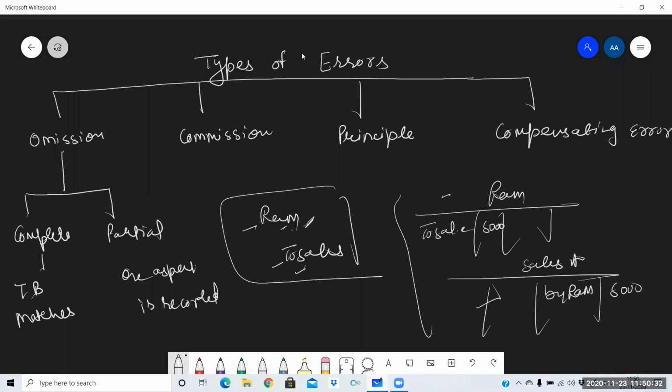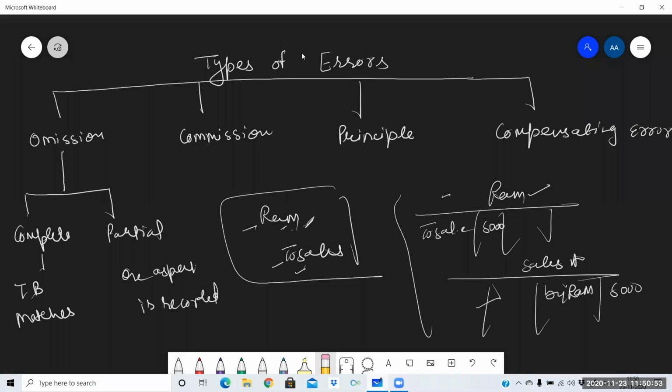Either we have posted the transaction in Ram account or in sales account. So while making trial balance, one side of the trial balance will be more, either the debit side or the credit side, because the transaction is recorded in one side. So the trial balance will not match.